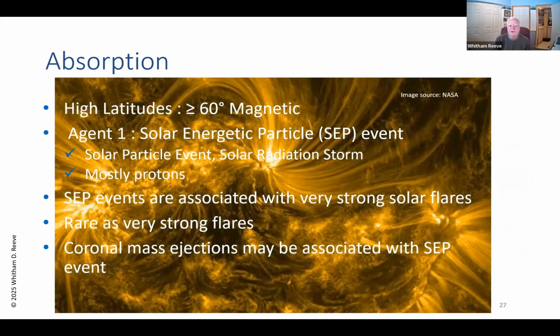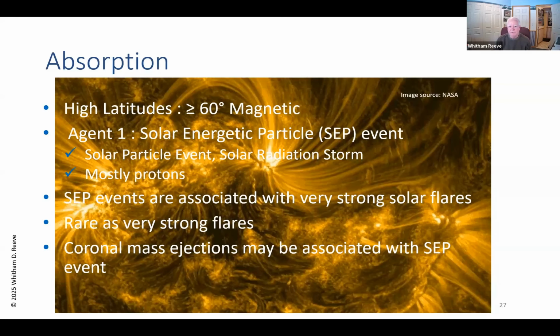So that brings us to agent one for high latitude absorption, and that is the solar energetic particle event, or SEP event. This is also called a solar particle event or solar radiation storm, and it's mostly protons that are ejected by the sun and accelerated by some method on the sun.